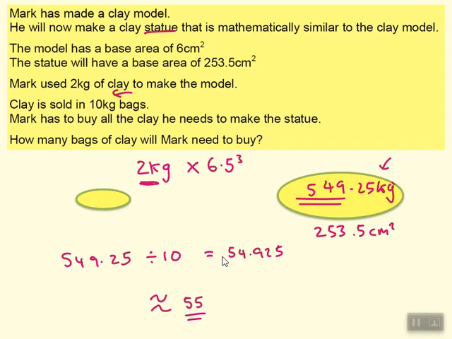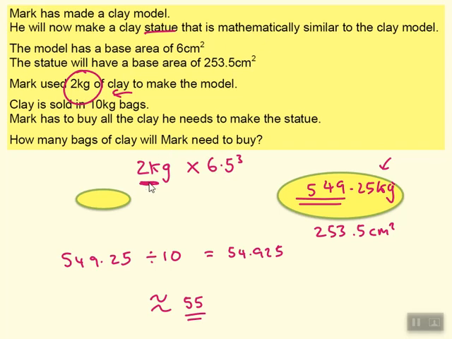So the only tricky thing about that is you needed to think about that as a volume. Okay, so the kilogram is kind of connected to the size of the object. So the size of the object is its volume, because if you think about it, the clay is going to make the entire shape, the inside and the surface. So it's kind of connected to the volume.